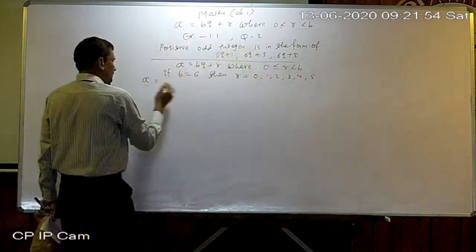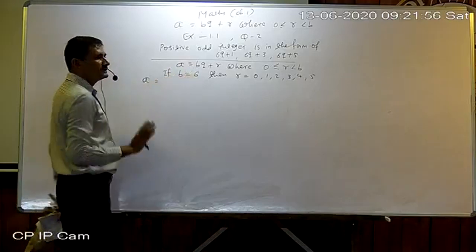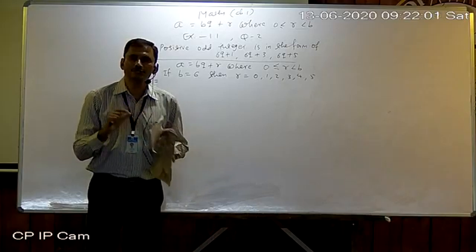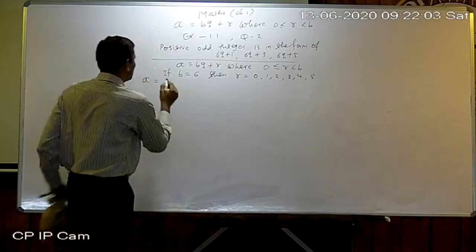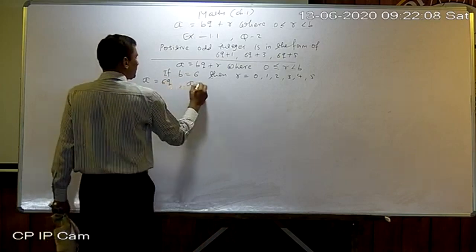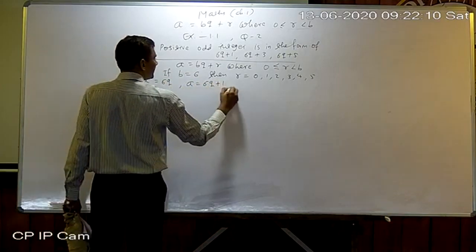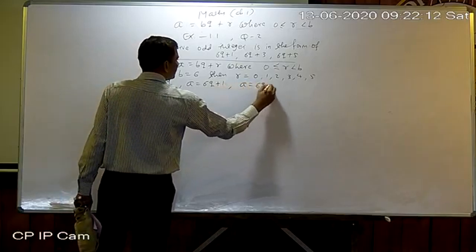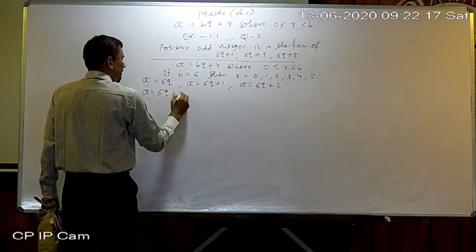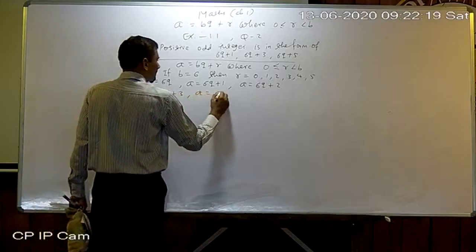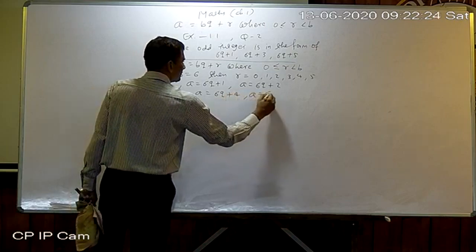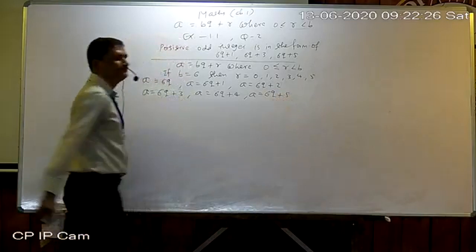So now I will have 6 expressions of the given positive integer. I write one by one: a equal to 6q, a equal to 6q plus 1, a equal to 6q plus 2, a equal to 6q plus 3, a equal to 6q plus 4, a equal to 6q plus 5.